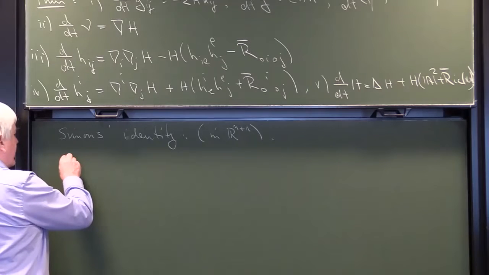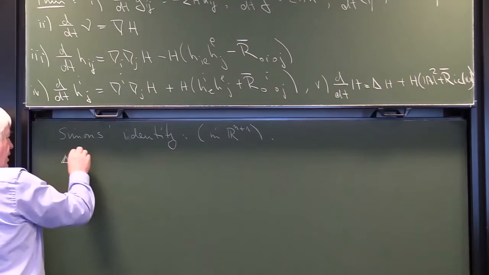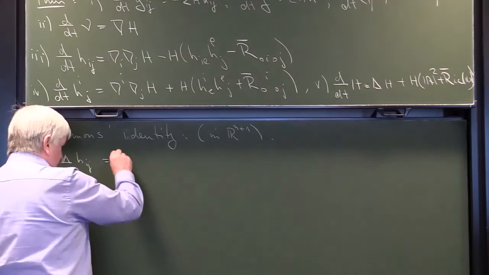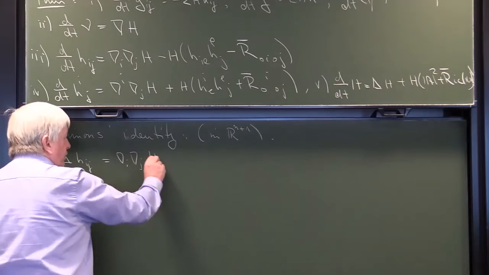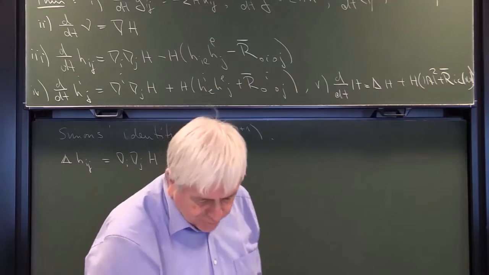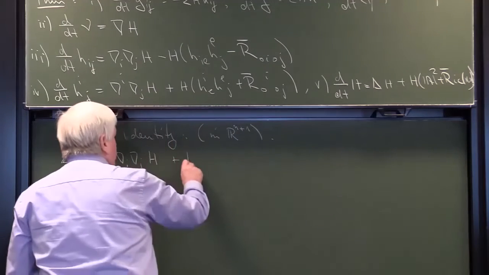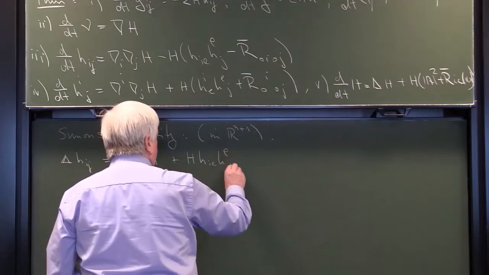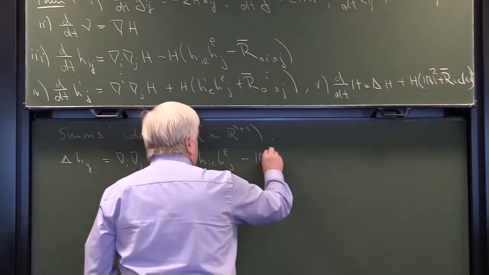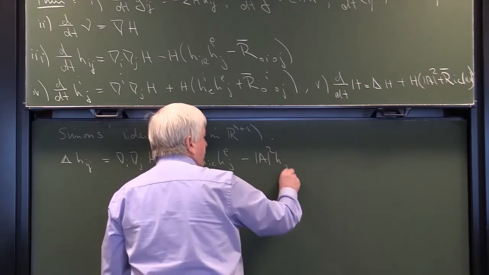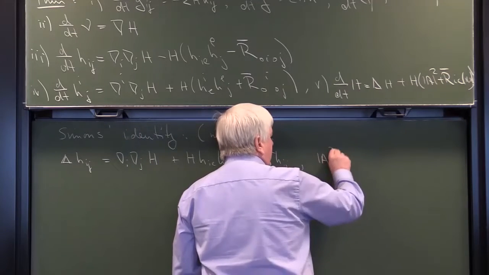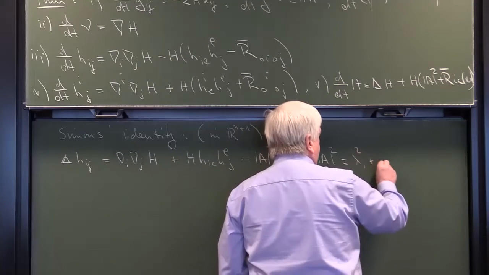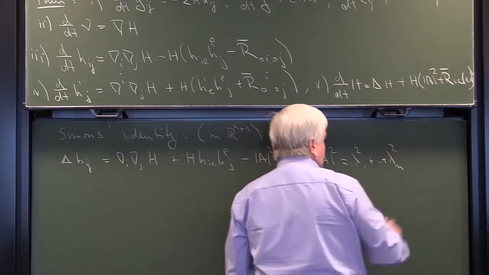So in the Euclidean space, this just says that the Laplacian of the second fundamental form is equal to the Hessian of the mean curvature plus h times the square of the second fundamental form minus A squared times the second fundamental form, where A squared is just the sum of the squares of the principal curvatures. It's the squared norm of this tensor.